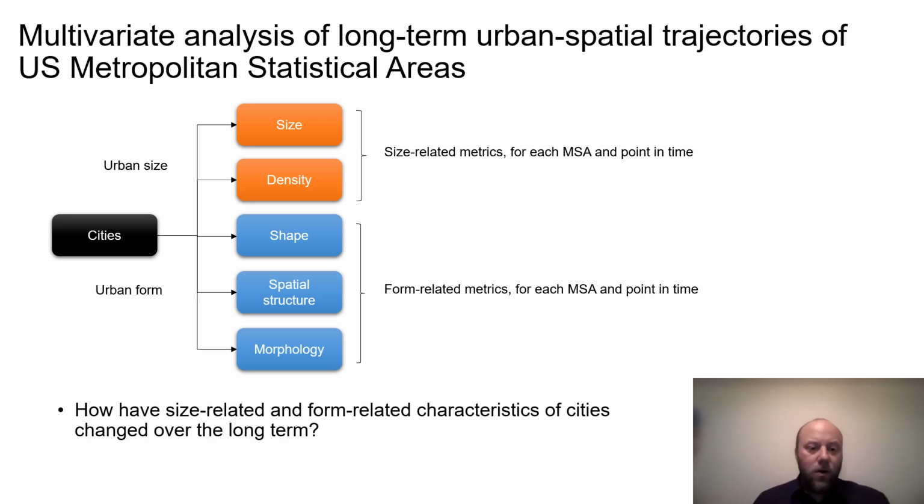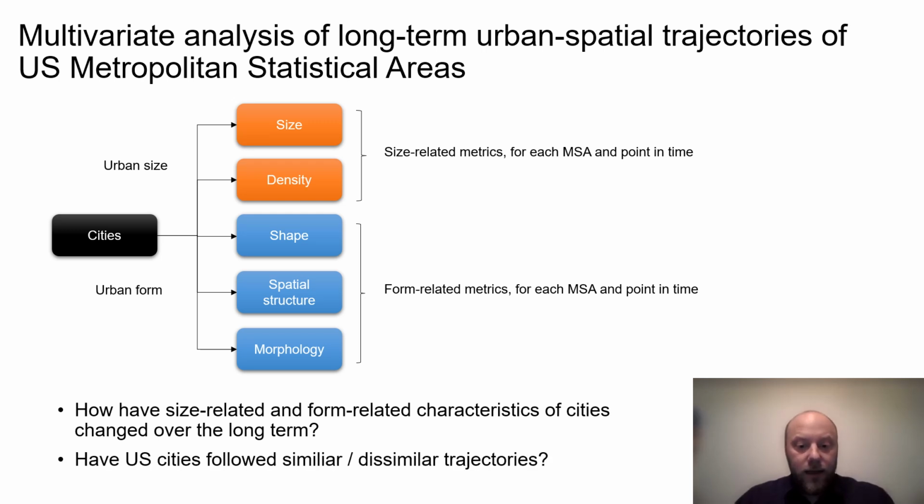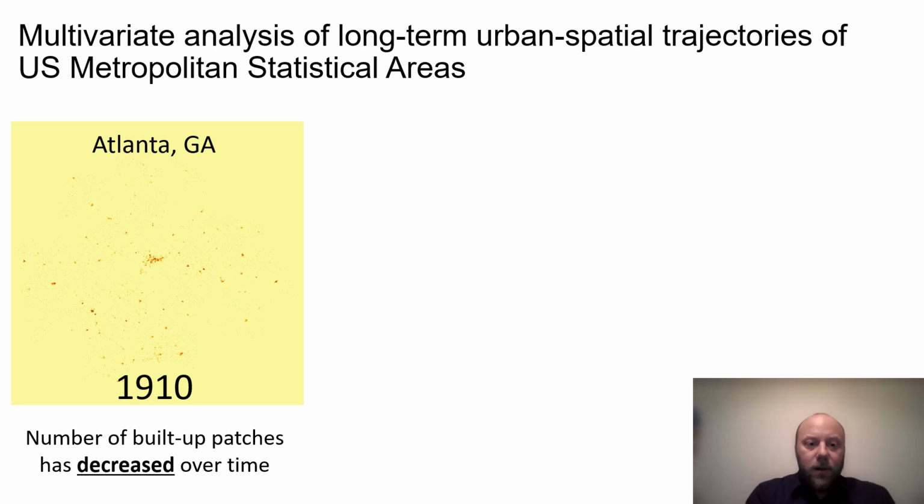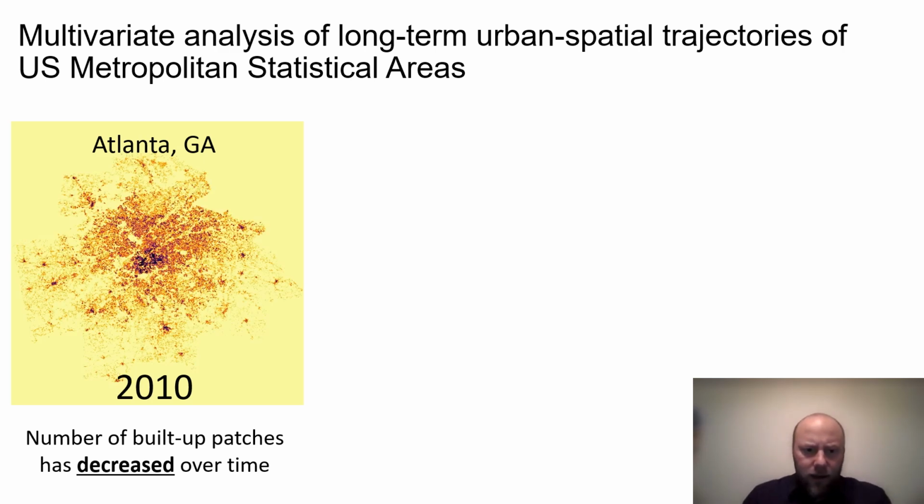And this will help us to quantitatively assess how cities have changed over time with respect to size-related and form-related characteristics. And are these trajectories that cities take similar or do they follow dissimilar patterns? So these are the research questions here. As an example, if we look at Atlanta in 1910, you can see there are all these tiny little villages, and now in 2010, it looks like this.